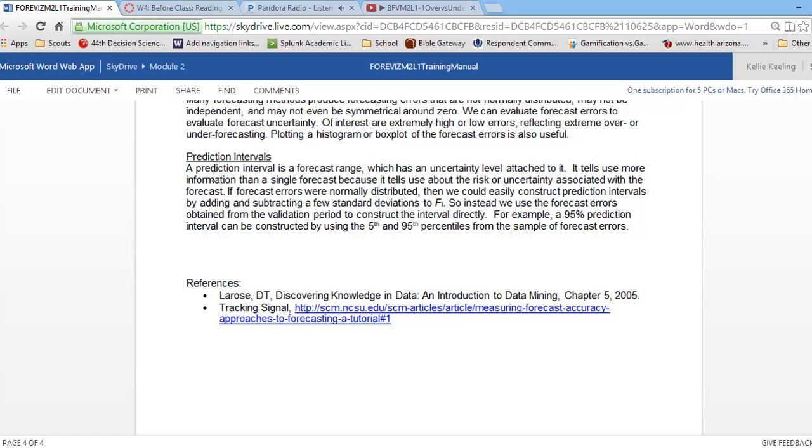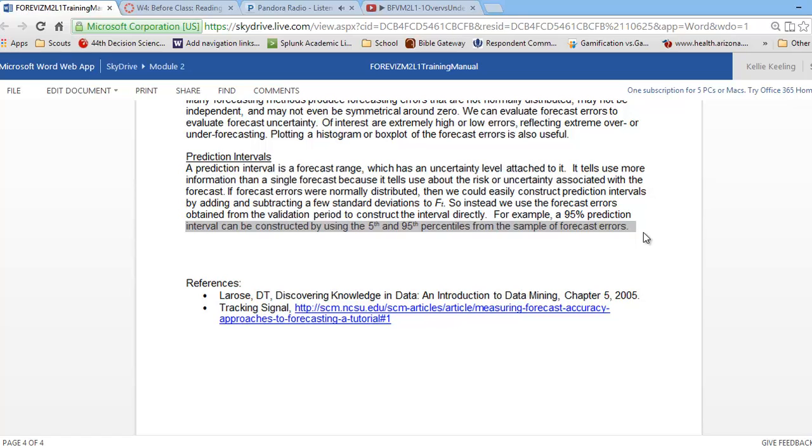And then we can also create prediction intervals. A lot of times we don't just want to forecast a single value. We would much more strongly like to have a measure of risk attached to that. So we could create a 95% prediction interval by using the percentiles of the forecast errors.